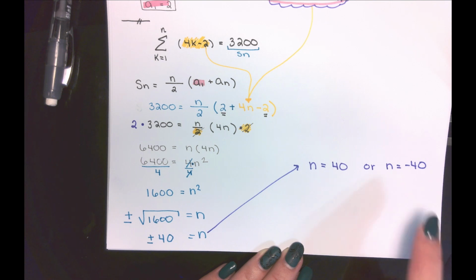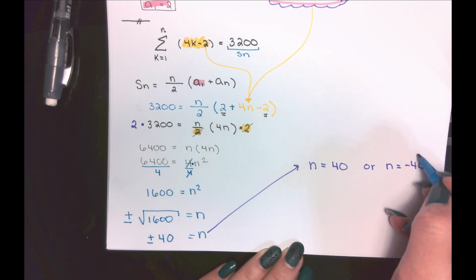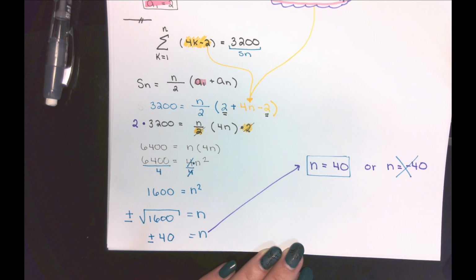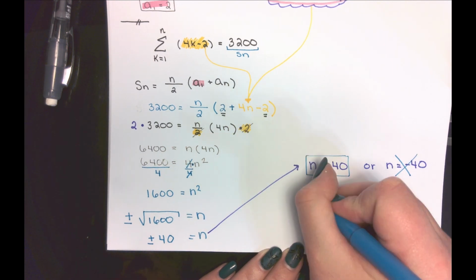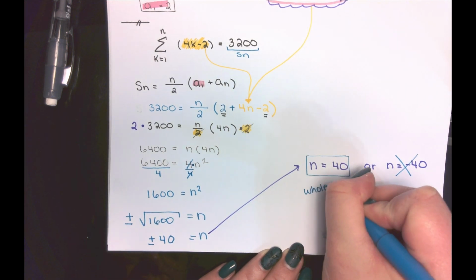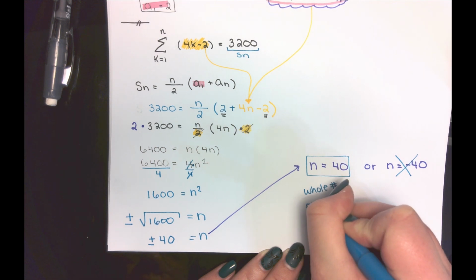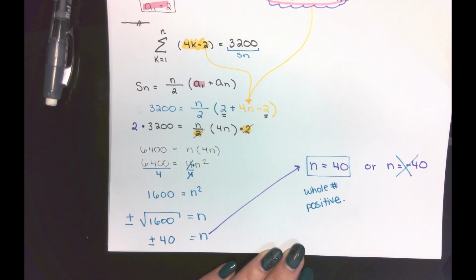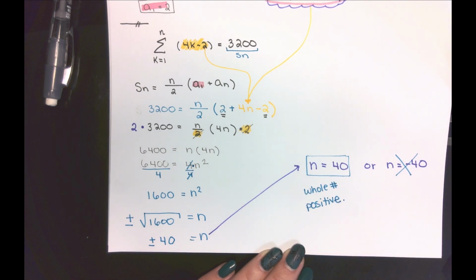Because this number is negative, this does not work. We need a whole number and we need it to be positive. If it is not a whole number, if it is negative, that means it is excluded, it's extraneous, it doesn't work. We cross it out.